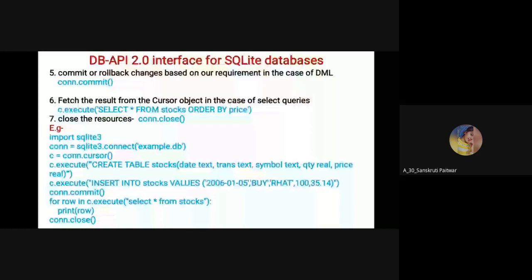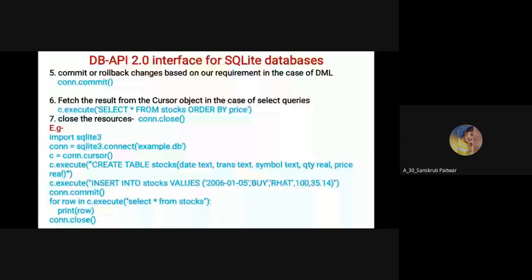Then fetch the result from the cursor object in case of a select query. So c.execute select star from stocks ordered by price. If you are firing this query, then the result will be stored in the cursor object. Then close the resources, con.close. So in this way you can connect Python with an SQLite database.